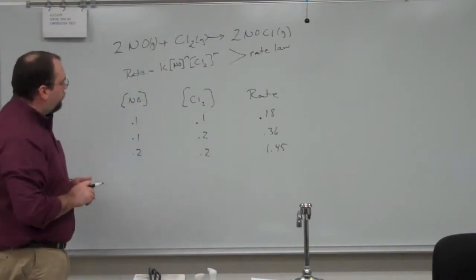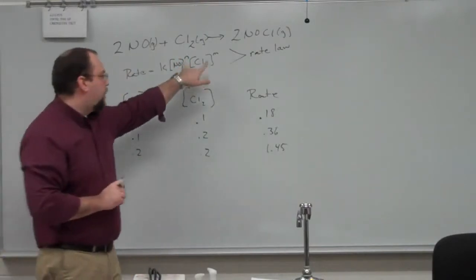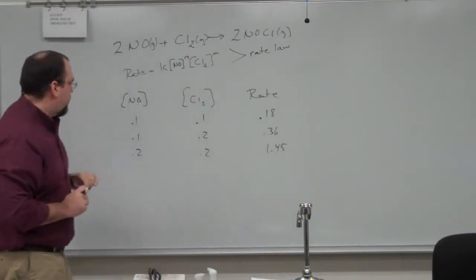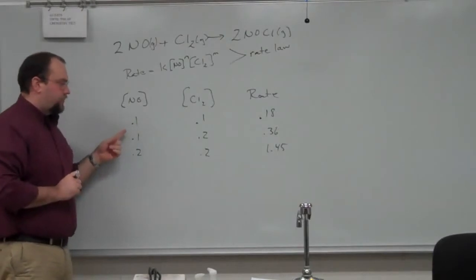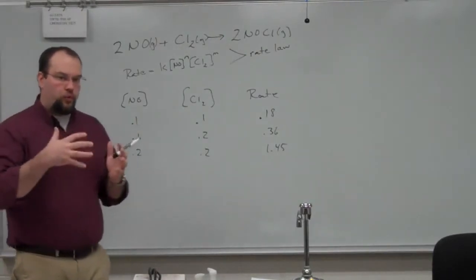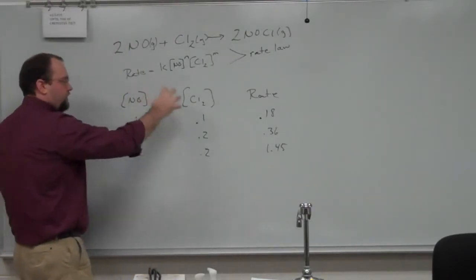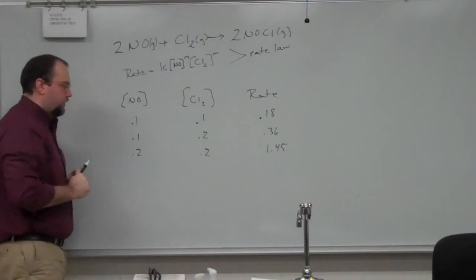In order to calculate our m and n, our rate orders, we need to see how the concentration affected the rate. In order to do that, we need to hold one of the two constant, either NO constant or Cl2 constant.